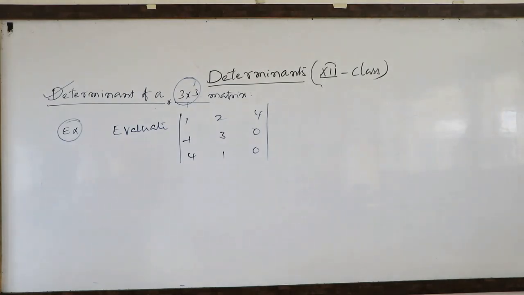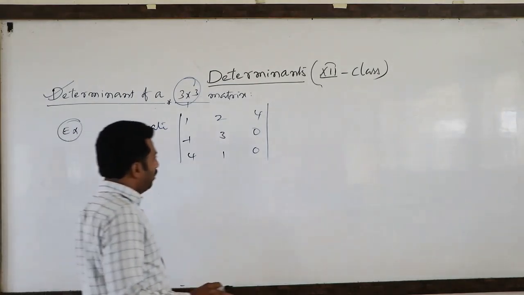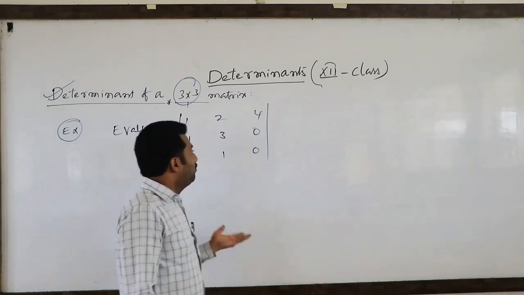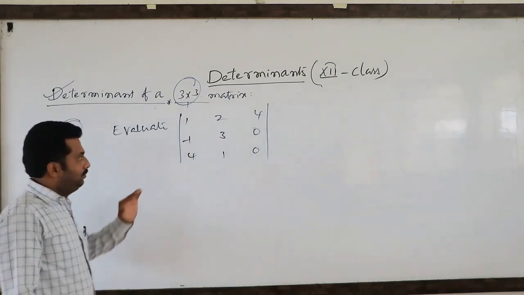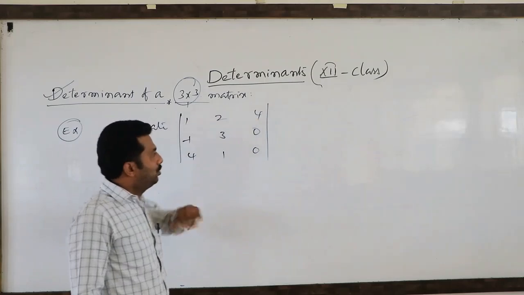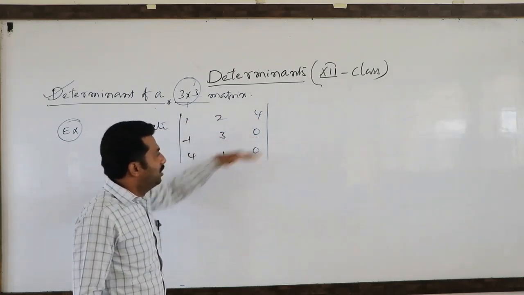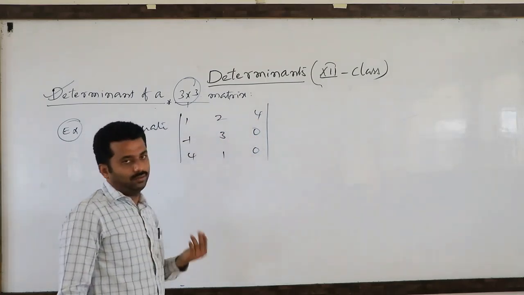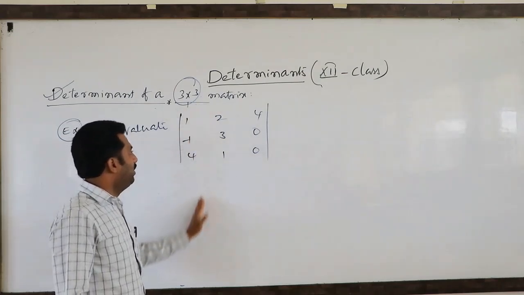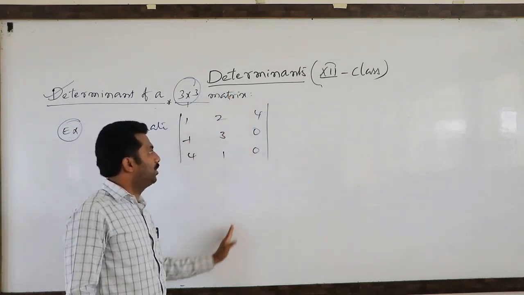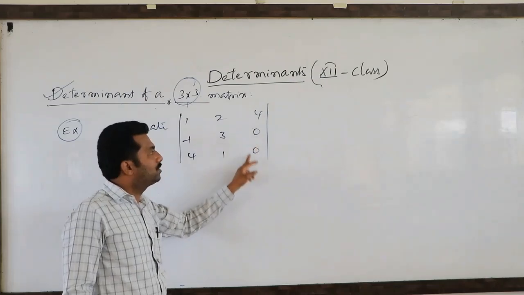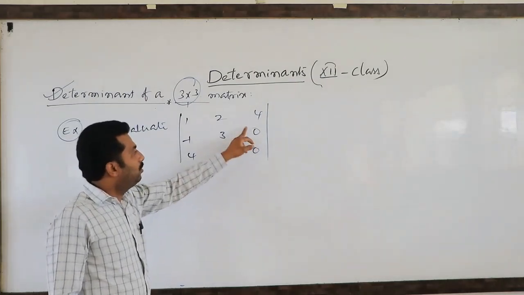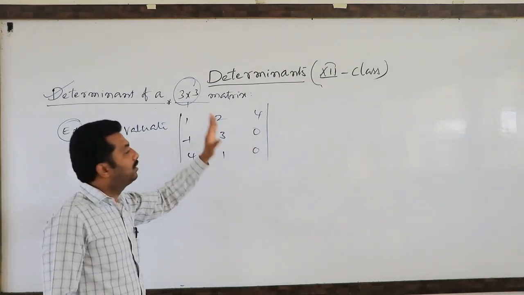You remember, in any row or any column, you have to observe where there are maximum zeros. Suppose here the first row has no zeros, the second row has 1 zero, the third row has 1 zero. The first column has no zeros, the second column has no zeros, the third column has 2 zeros. So it is better to choose the third column.